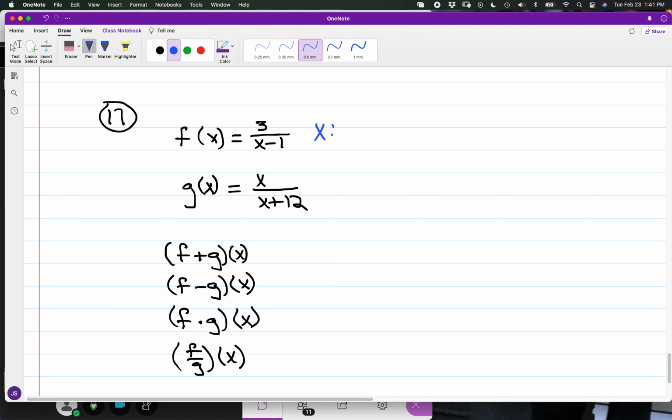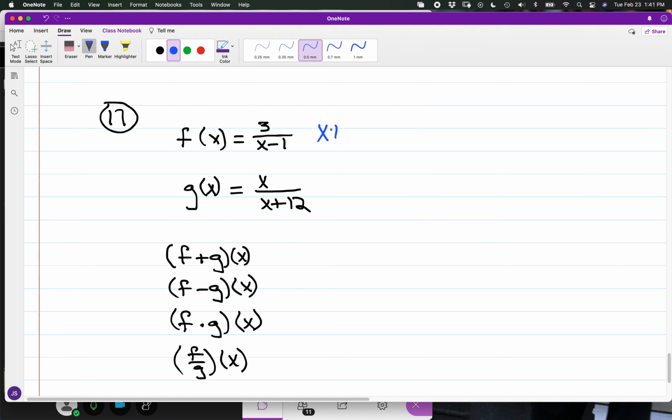So to be able to work with f of x, x cannot be equal to 1. And for g of x, we have x plus 12 as the denominator, and to be able to work with g of x, x plus 12 cannot be 0, so x cannot be negative 12.